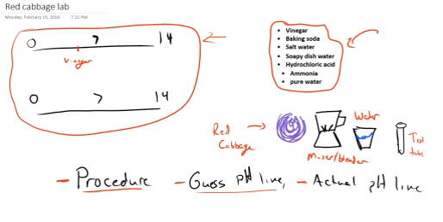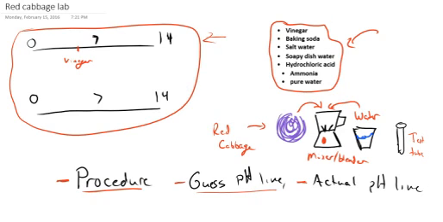Once you guys are finished with that, I'm going to describe what happens when I put each one of these 7 things into the juice from the red cabbage. In order to get the juice of the red cabbage out, you take a couple leaves off, put them into the blender, mix them in with the water, and press the little button that says go. As soon as it blends through, you get this nice purple solution.